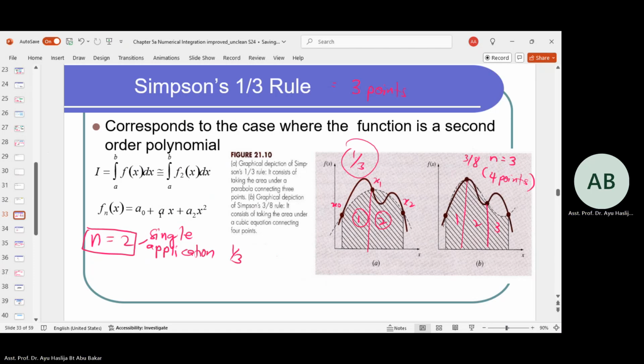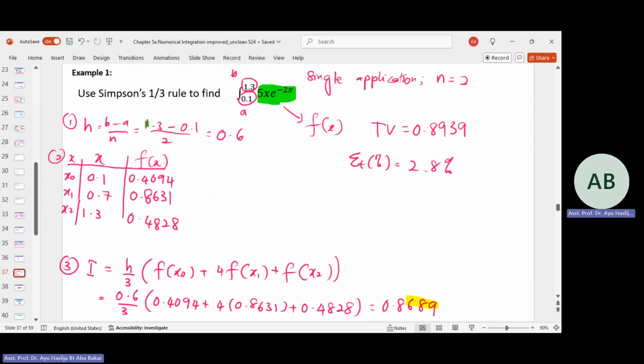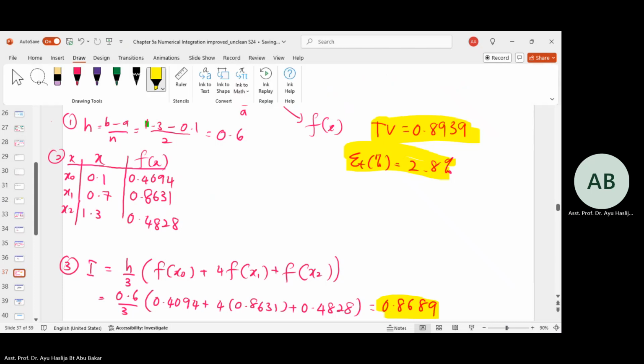Simpson, minimum n equals 2. Okay, so this is the final answer with true error of this. True value, this. Okay, clear?